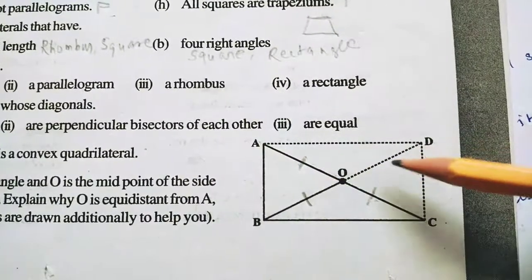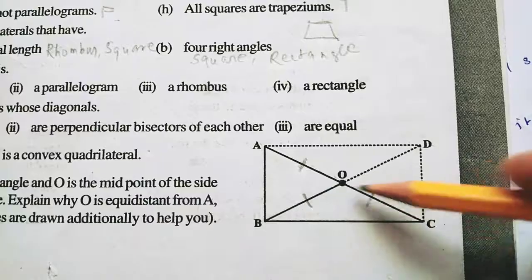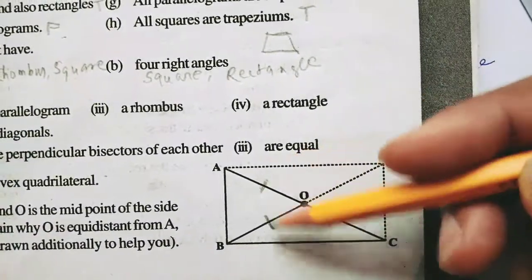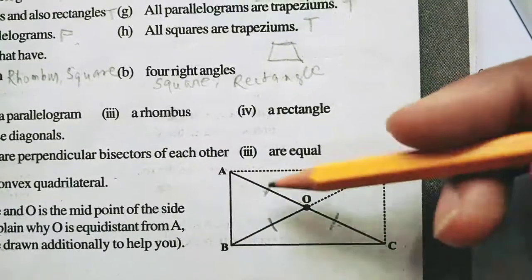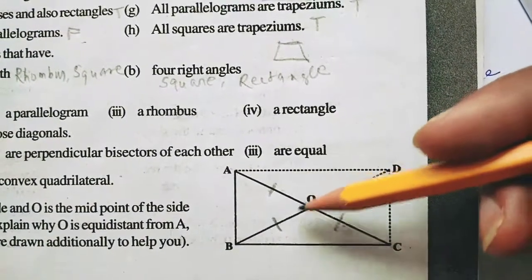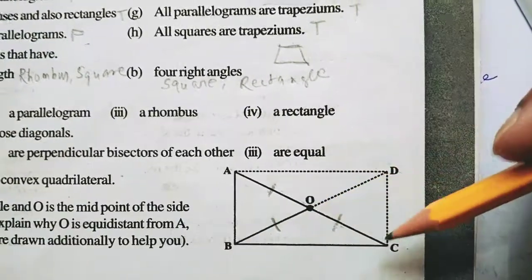So diagonals bisect each other at point O. That means this side equal to this side equal to this side. Or you can say it is a parallelogram because opposite sides are parallel to each other. So diagonals are bisecting each other at point O. So this is the midpoint. A midpoint always has equal distance from the other points.